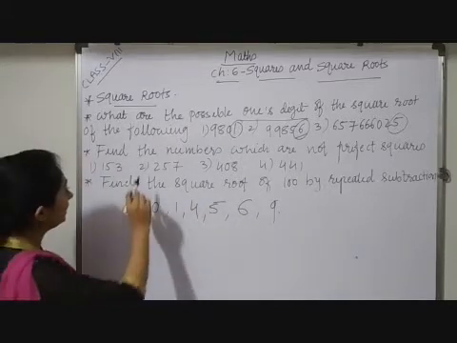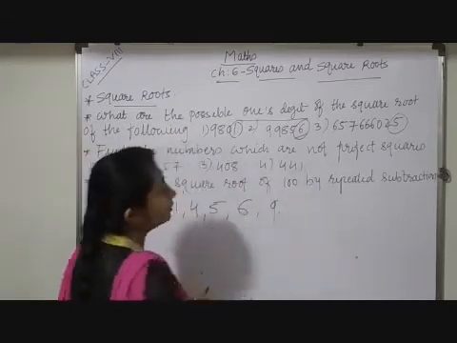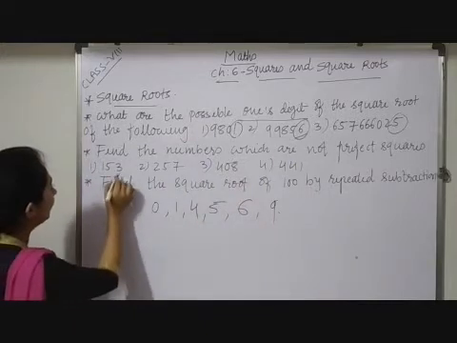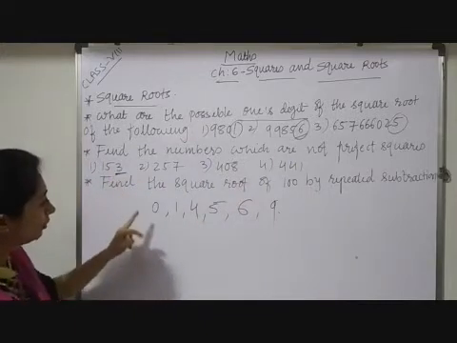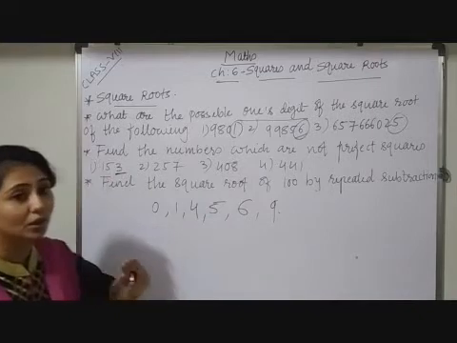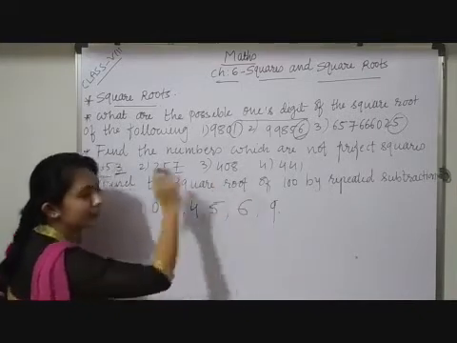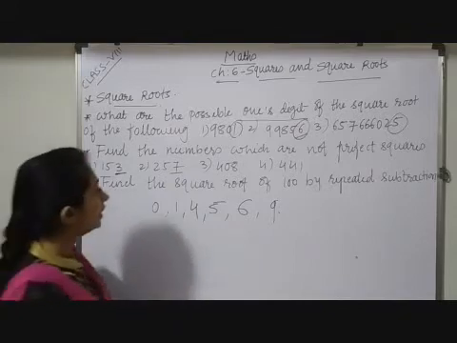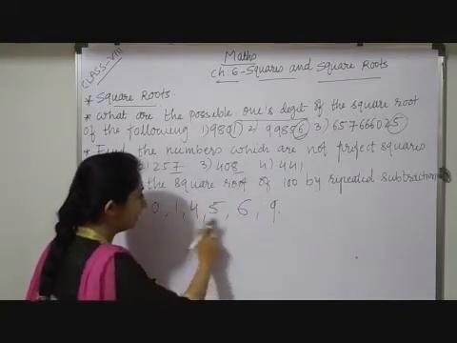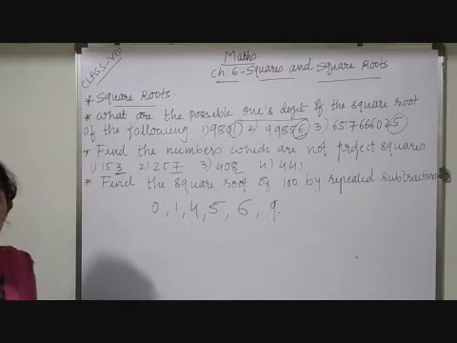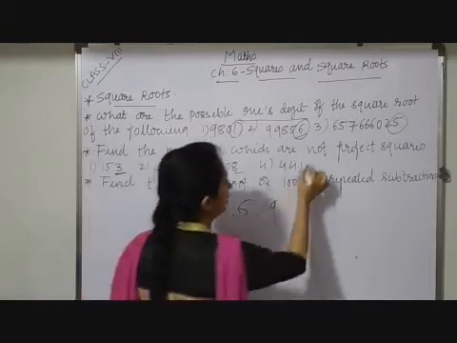Now here they are asking to find the numbers which are not perfect squares. So now observe, its unit digit is not among this collection. So it is not a perfect square. Second number, 7 is also not from this collection, so obviously it is not a perfect square. 8 also does not belong to this collection, so it is not a perfect square. Now 1.